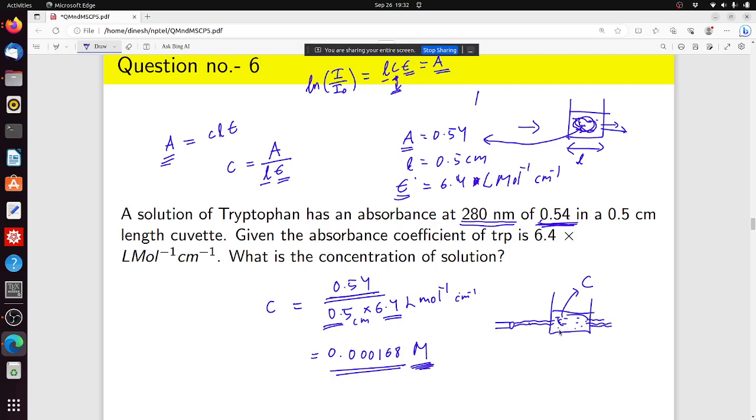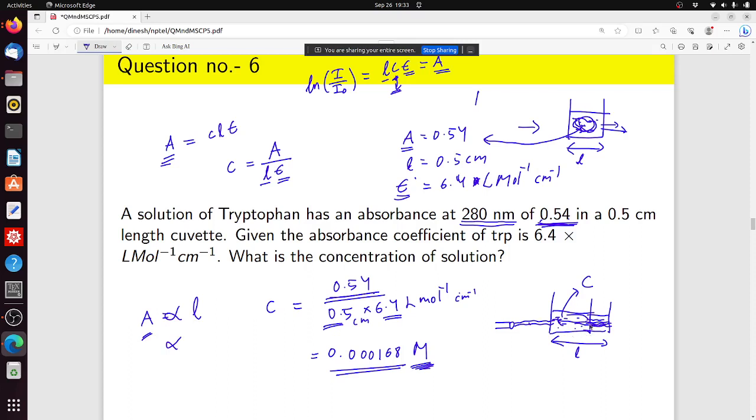And if I increase the length of the beaker, the light has to pass through more solution, so more absorption may happen. So the absorbance depends on length also, right?